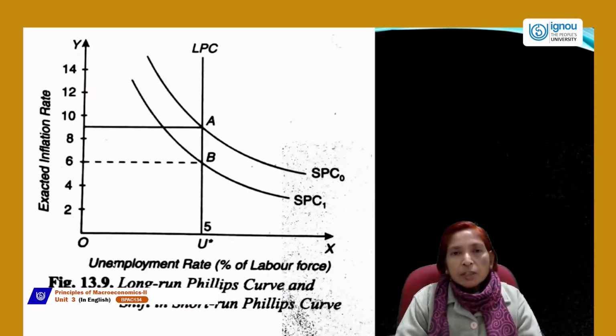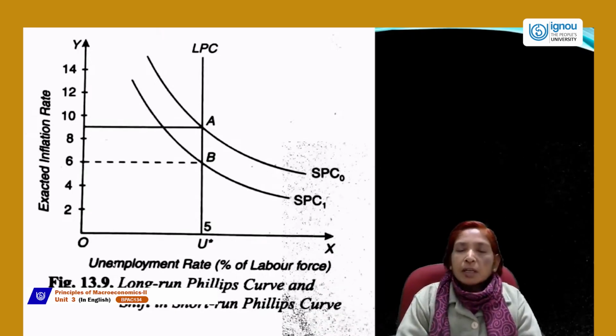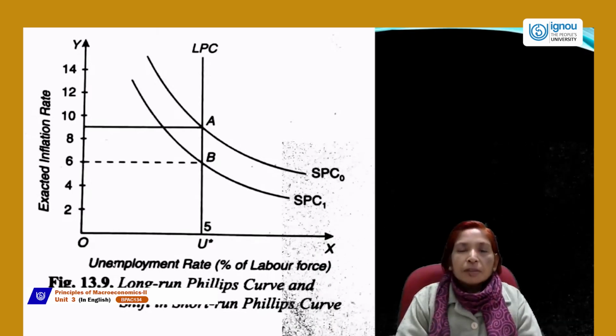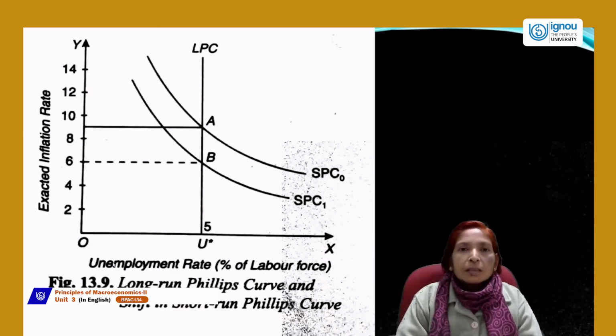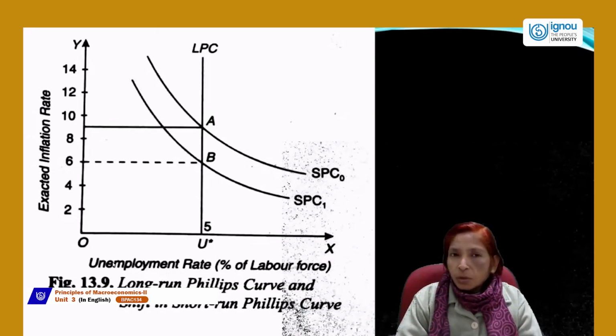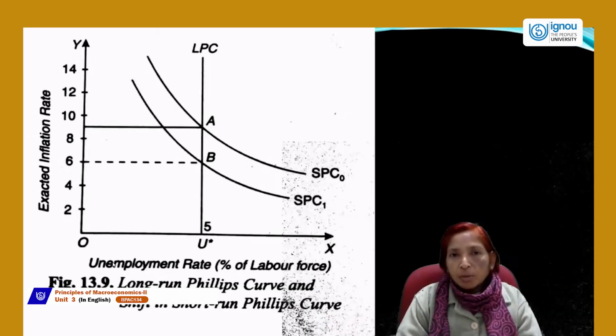The downward sloping curve shows a trade-off or inverse relationship between inflation and unemployment, but the long run Phillips curve, which is vertical or parallel to the y-axis, shows no relationship between inflation and unemployment.